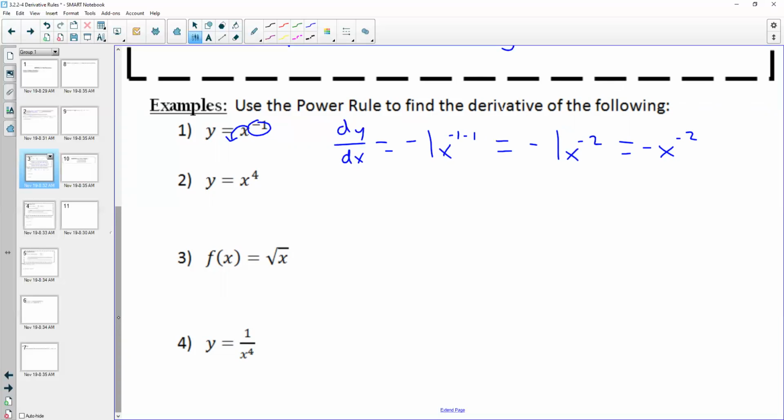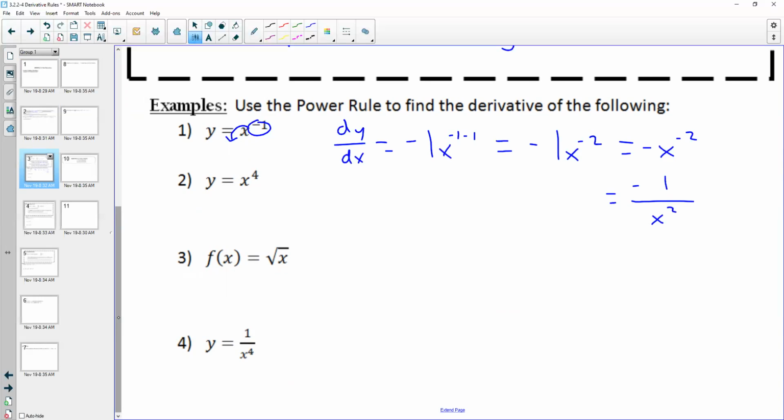Okay, and we don't like negative exponents, so we can rewrite this as -1 over x squared. Okay, fair enough, easy enough.